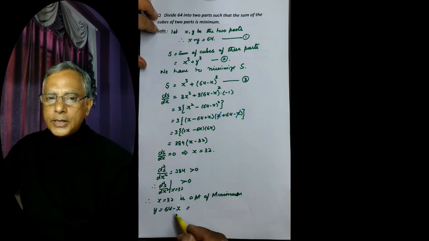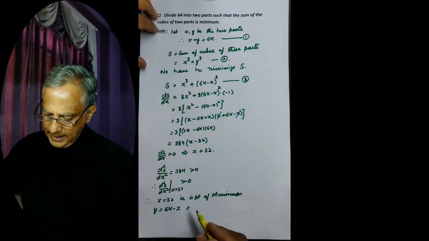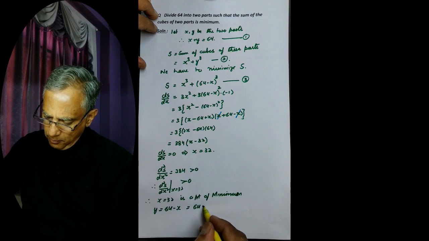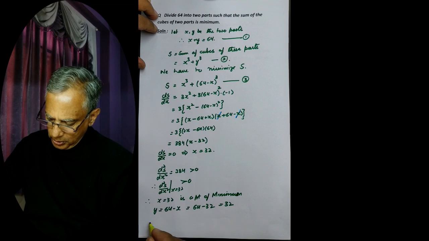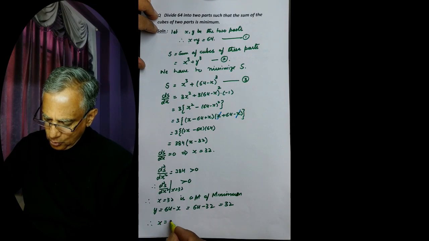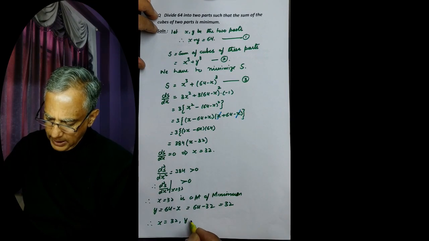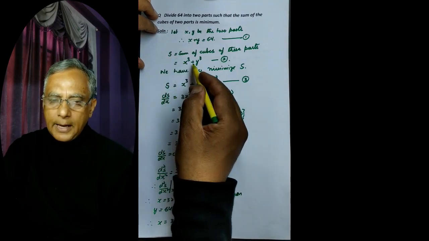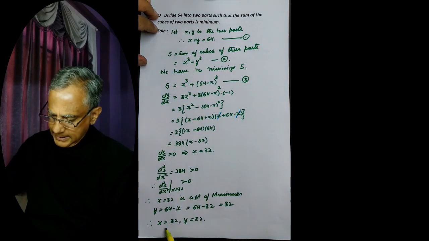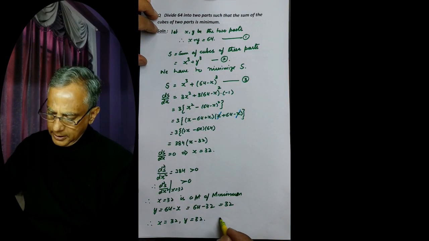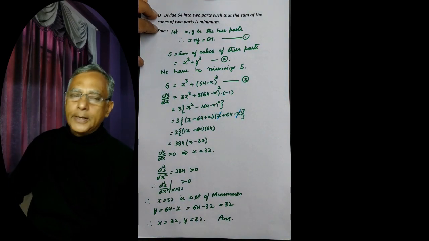And y is equal to 64 minus x, which is equal to 64 minus 32, that is 32. Therefore, x equal to 32 and y equal to 32 will give this sum as a minimum. The sum will be minimum if x is 32 and y is 32. Answer.